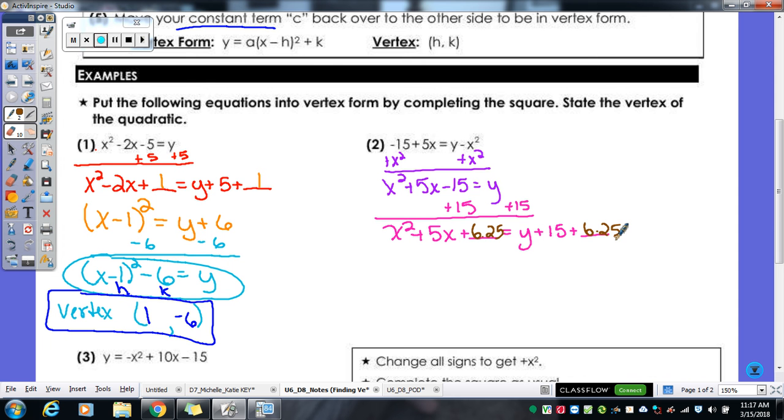So when we factor this left side, some people freak out because it's a decimal, but remember, it's just whatever half of that 5 was, so it's x plus 2.5 squared. And then it equals y plus 21.25.